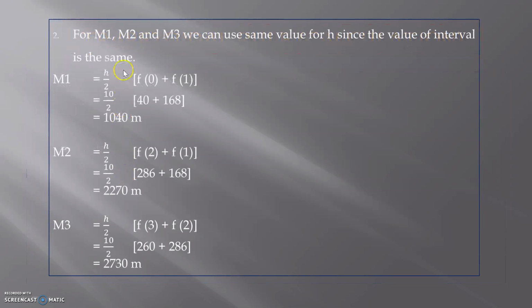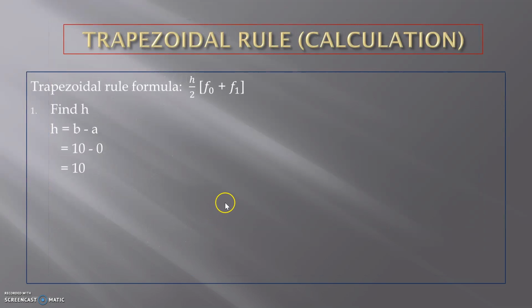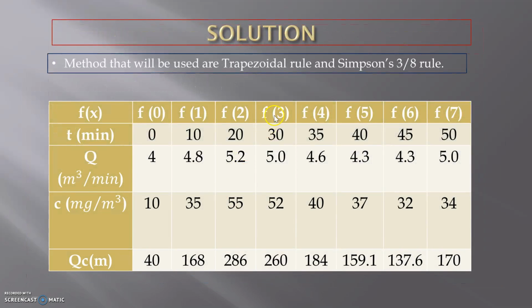Then from h, we could evaluate the values of m1, m2 and m3, because referring to the table, from function of 0 until function of 3 have the same interval, so the value of h is the same.